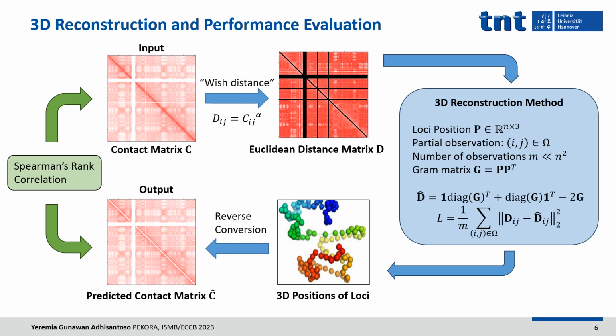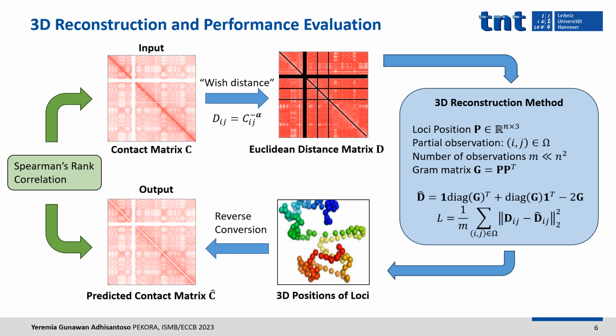The number of observations is much lower compared to n squared. In order to compute the Euclidean distance matrix, first we compute the Gramian matrix, which is the product of P and P transpose, and then at the end, we compute the mean square distance between our observation and the predicted Euclidean distance based on the loci position.